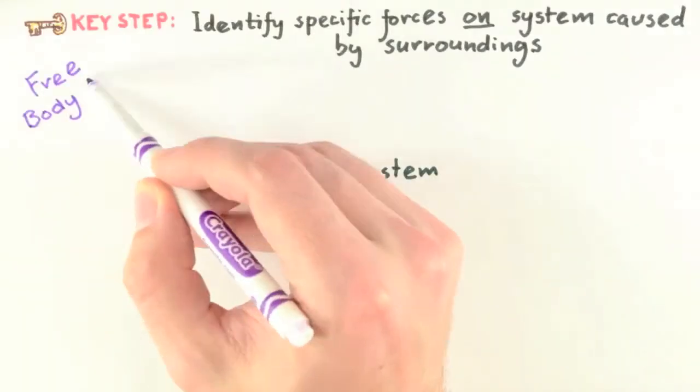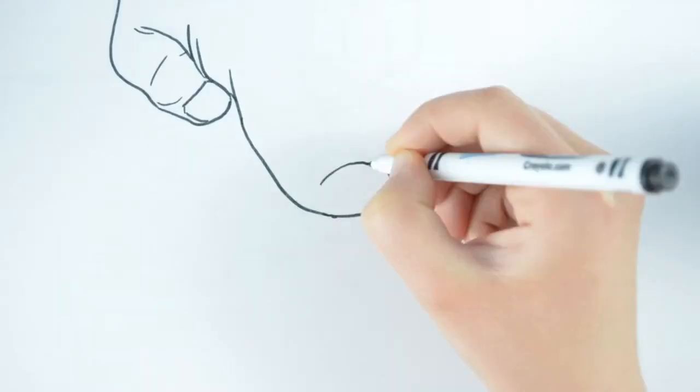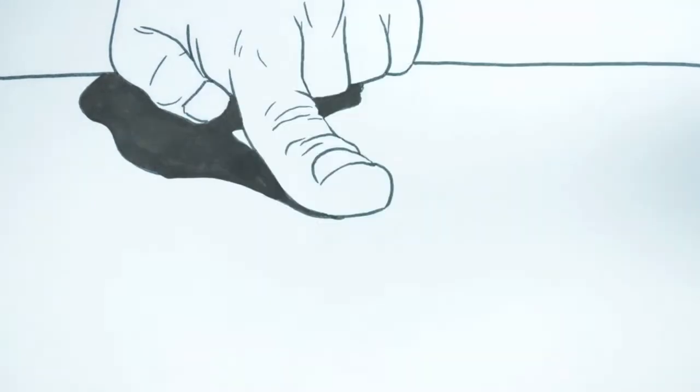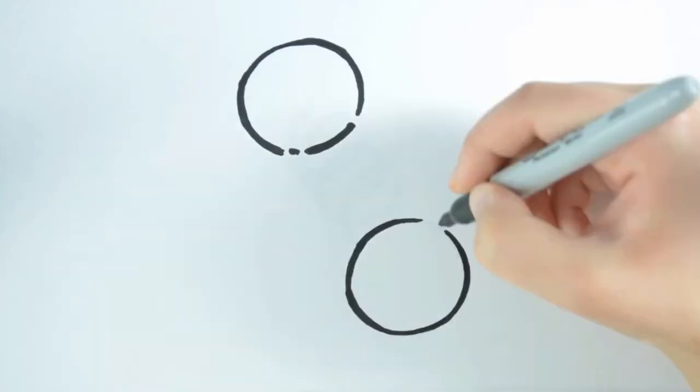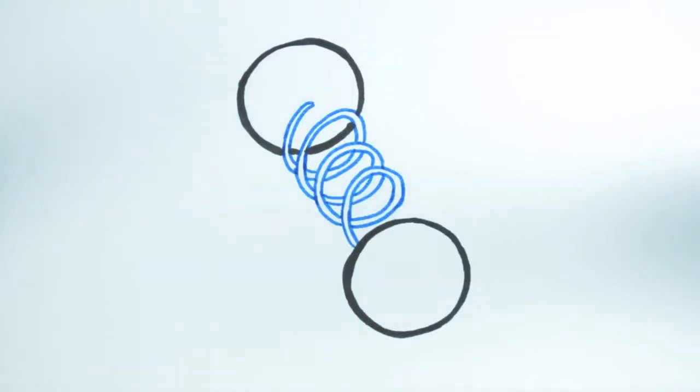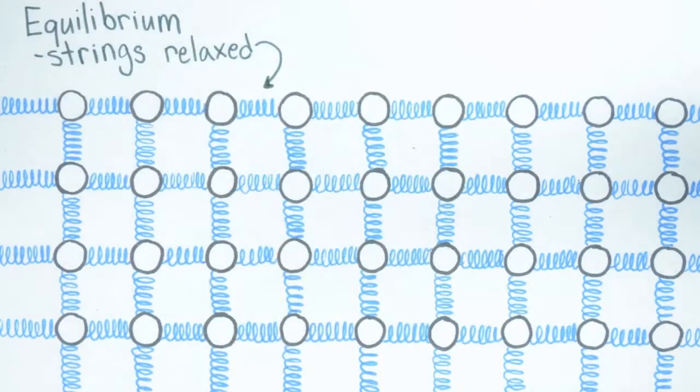Let's try using the same kind of atomic picture we discussed for the tension force. Here, we're going to think about the atoms of the solid whose surface is in contact with our system. We can again think of a kind of ball and spring picture, something like this for the solid. Once again, the springs are relaxed when the atoms of the solid are in their equilibrium positions.